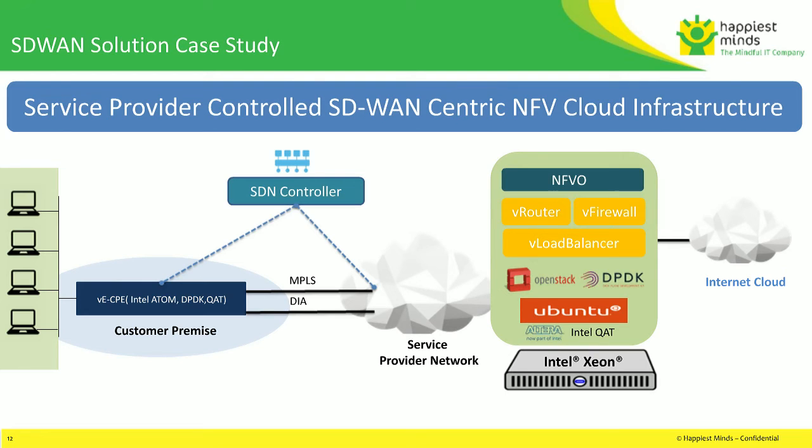Now these edge and the NFV components are managed by a centralized SDN controller whose northbound interface is intentionally left open for the service provider or the enterprise orchestrator so that it can be programmed appropriately. And as a part of the job, we also demonstrated internet access from the edge devices via the firewall and the vLoad balancer.